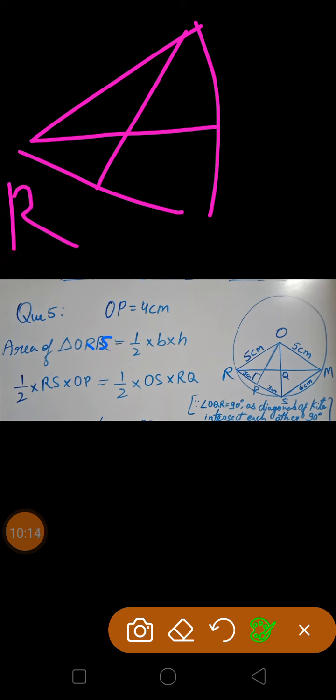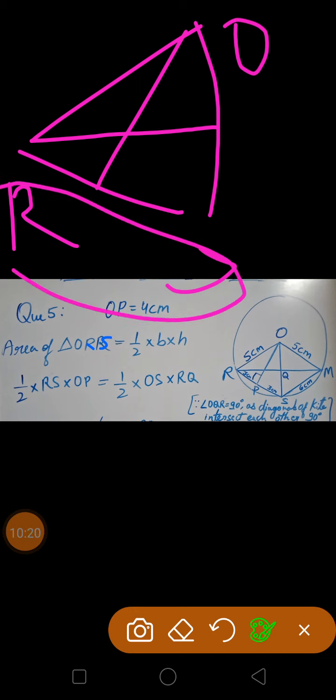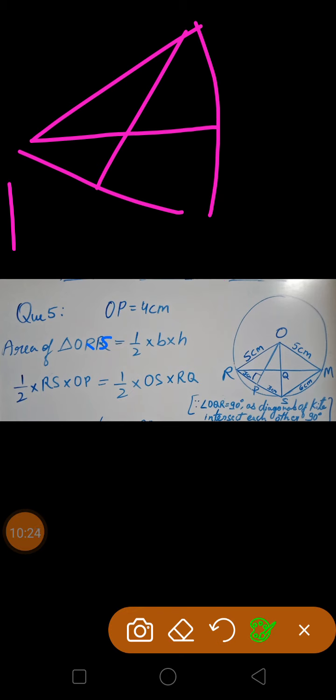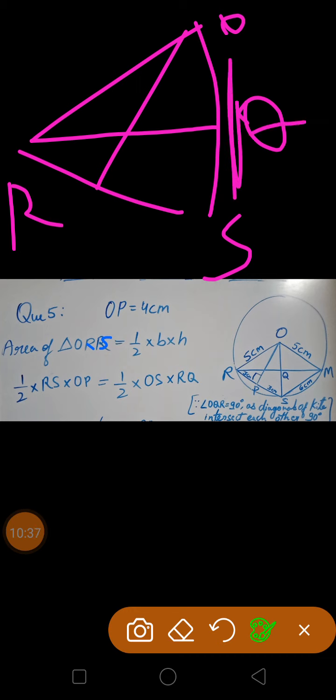So we can say, if we take RS as the base, the perpendicular will be OP. And if we take OS as the base, the perpendicular will be RQ. This is R and this is Q. So if we take this as the base, this will be the perpendicular.